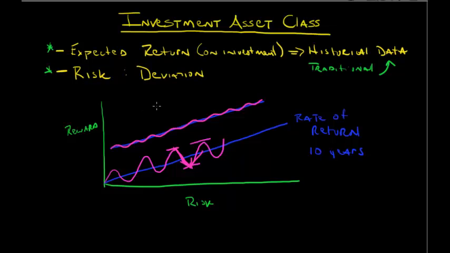So for instance, an alternative investment might be your brother-in-law comes to you and says, would you like to take all of that 401k that you have and invest it in my new business? You'll be the only shareholder. Well, what historical data do you have for your brother-in-law's business? And the answer is zero. So now you're on the risk spectrum that's way out, because you could get a really high return.